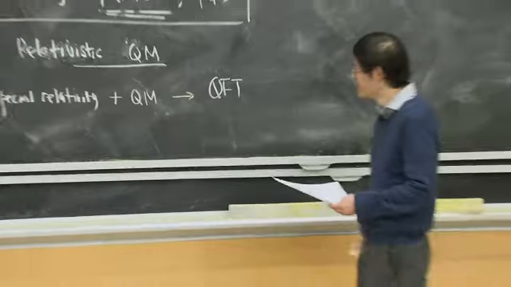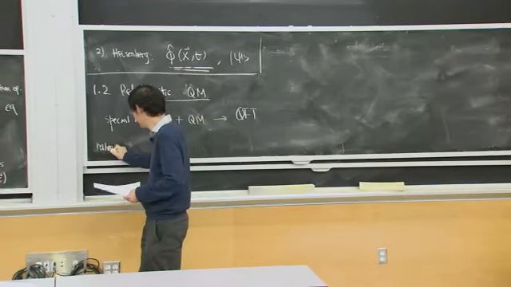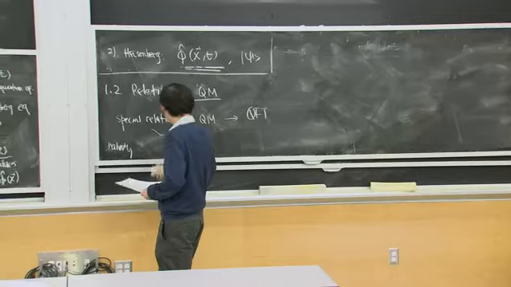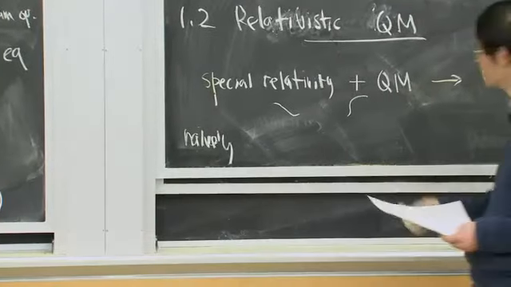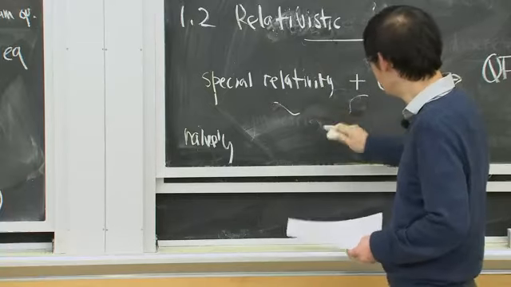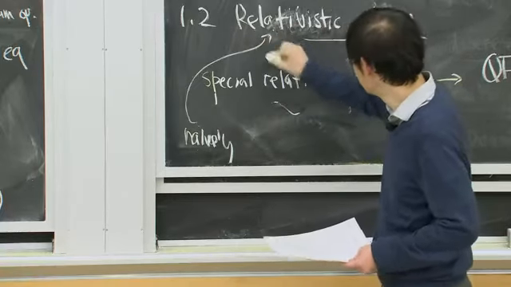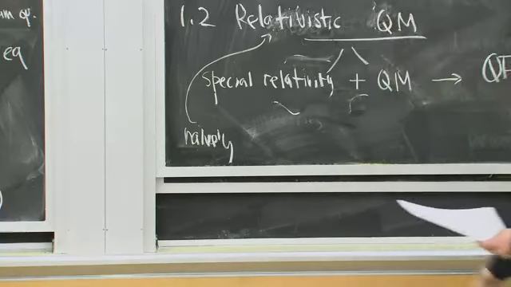Okay. So naively, when you combine these two, in particular, if you read some old quantum mechanics books, they do discuss relativistic quantum mechanics. So naively, that's what you get. You say, oh, we just get relativistic quantum mechanics.